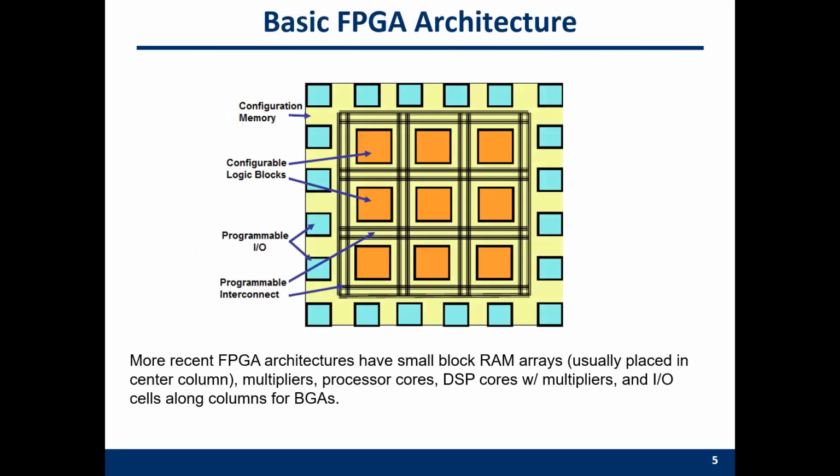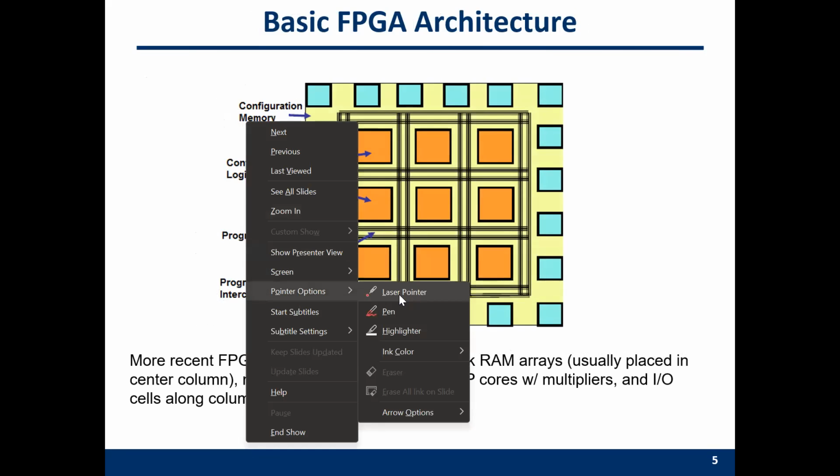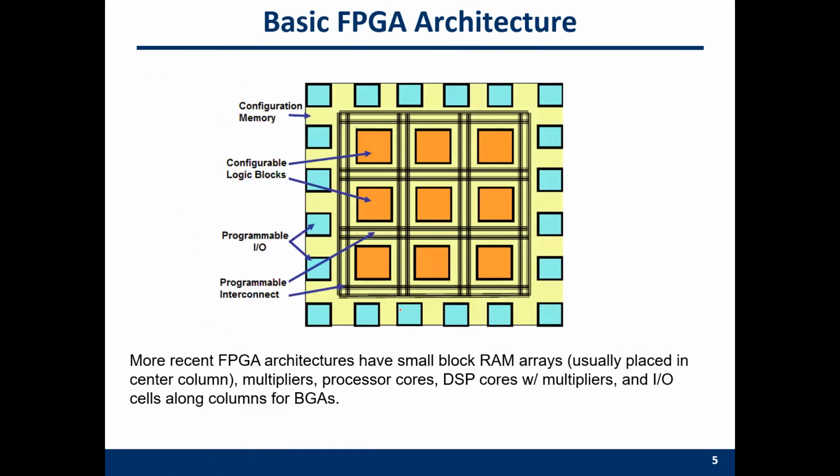Here is one example with more details of an FPGA board. So we have some configurable logic blocks here. Each of them can store a part of the truth table. And then we have the interconnections.